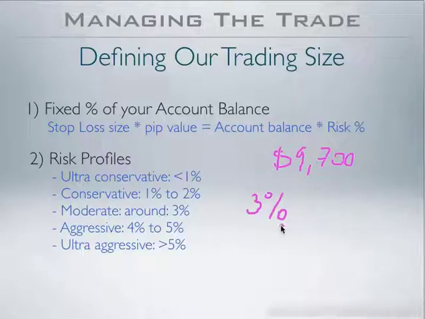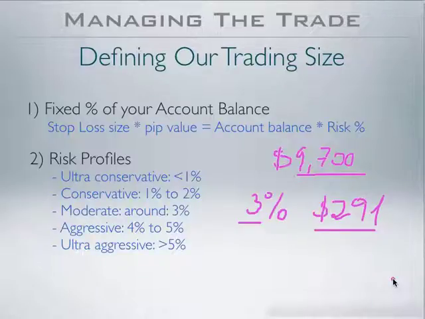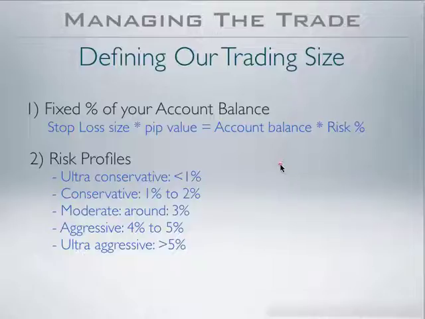Well, I will need to calculate 3% of 9,700, which I've already calculated, it's $291. So if on the next trade my stop loss is hit, I will not lose more than $291.